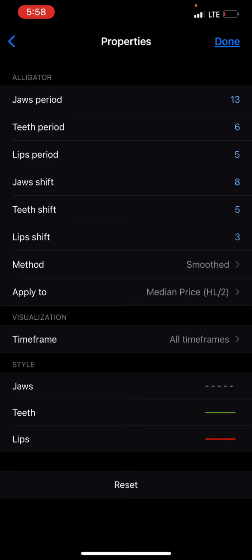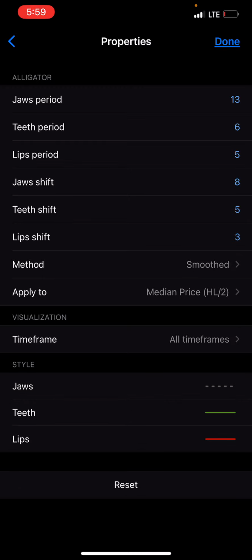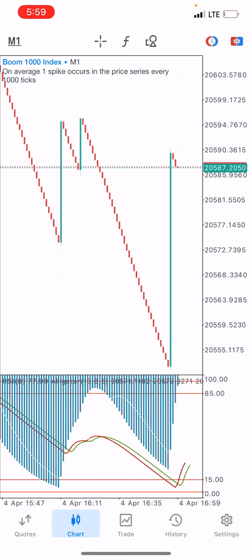On the style, the first one is white, the same as my MT5 background. Then the teeth is green. You can use green and red. Then you click on done.